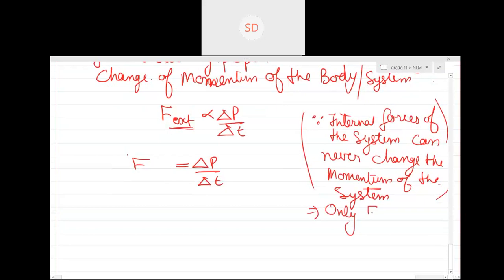Only external force is responsible for change in momentum.